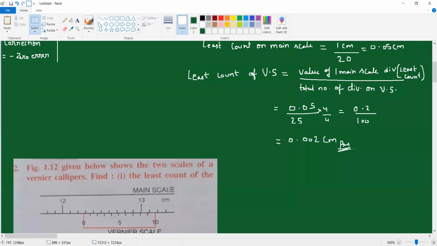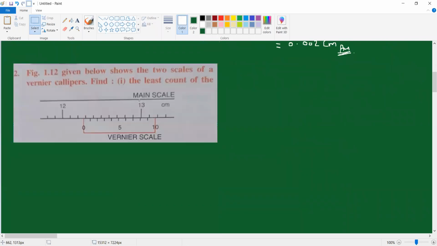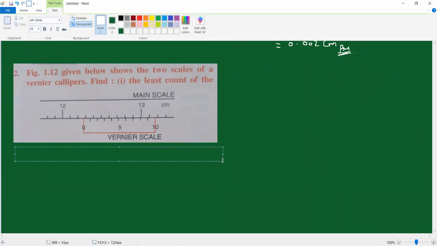So example number 2, let's start. Rest of the question I'm going to type it here. Find the least count of the vernier and the reading shown in the diagram.